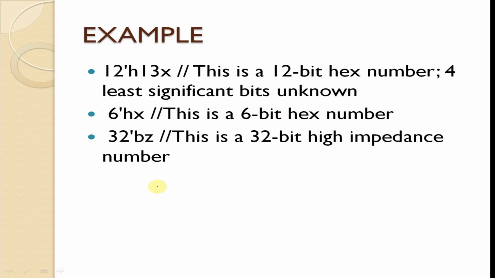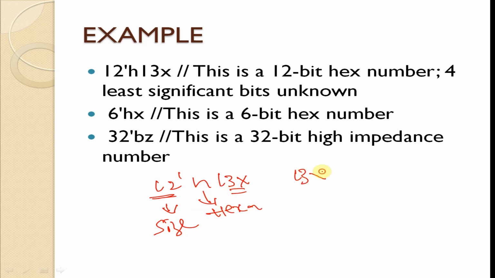For example, if we have 12 tick H 13x, here the size is 12 and the base format is hexa, and the number we are writing is 13x. So this is a 12-bit hexa number. Four least significant bits are unknown.